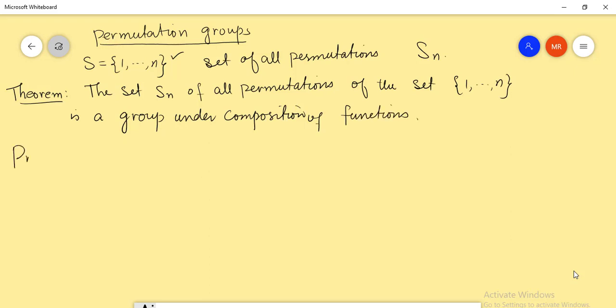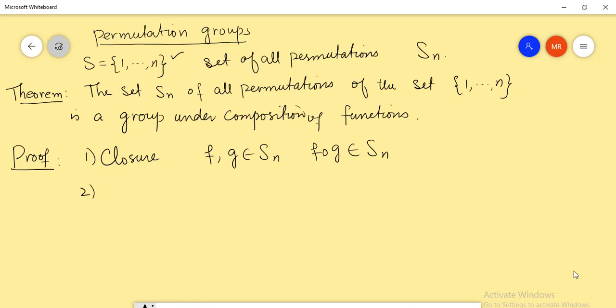And the proof: number one, the closure property. We have seen that if we take any two permutations from this Sn, then their composition is also a permutation on this set, and hence the closure property is satisfied.